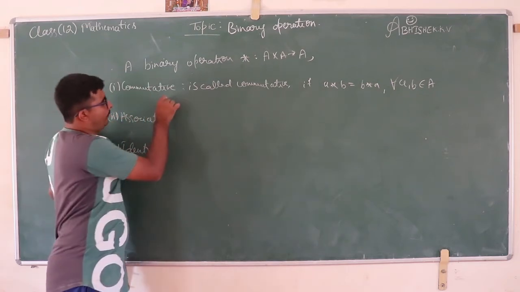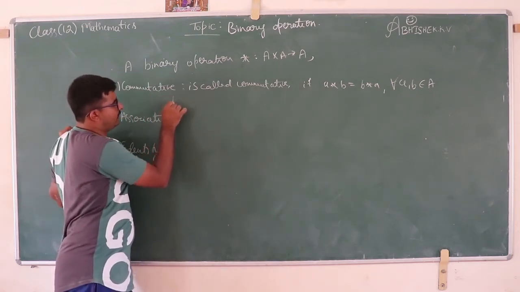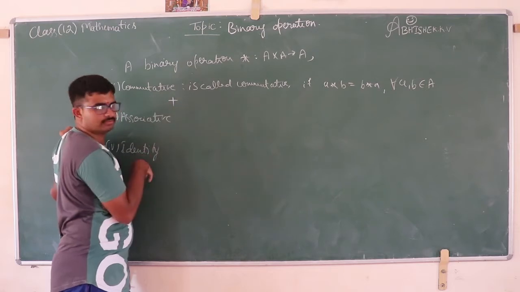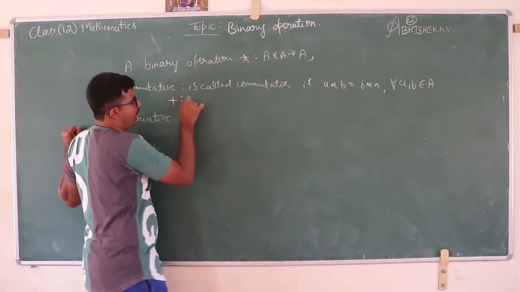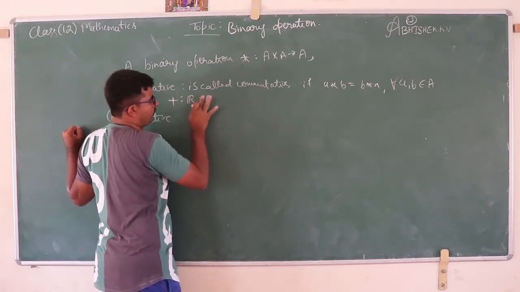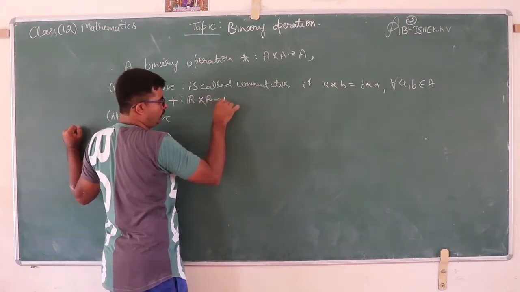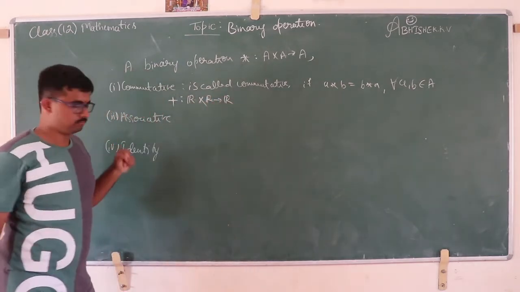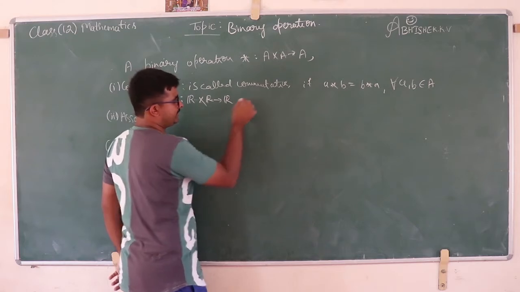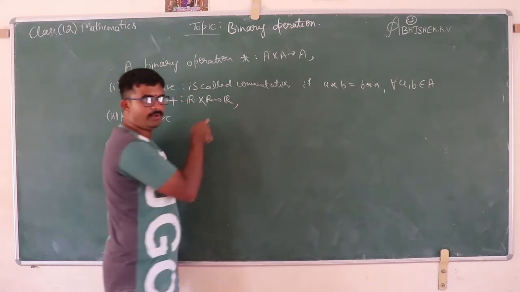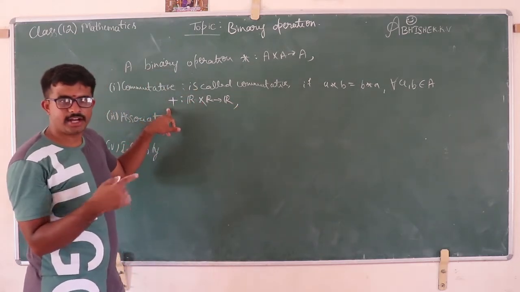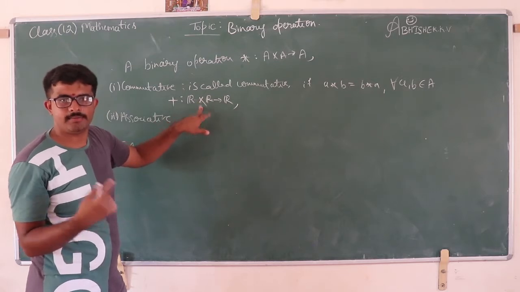See, for example, if I consider the function addition from R cross R to the set of real numbers, is it commutative or not? Addition is commutative on the set of real numbers. Why?